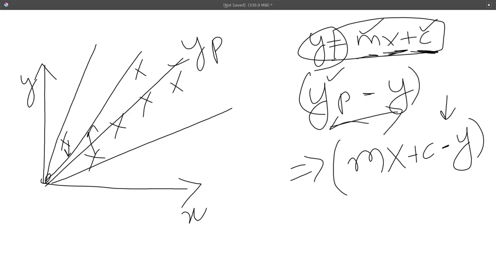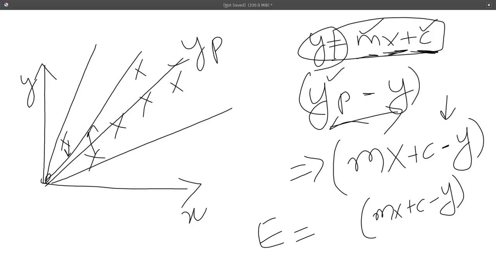So for this, we define a loss function. Let's call this error or loss, because the distance between y predicted and y represents the error that we are getting from that line right now. So error is equal to mx plus c minus y, right?